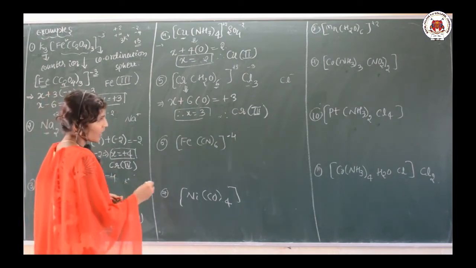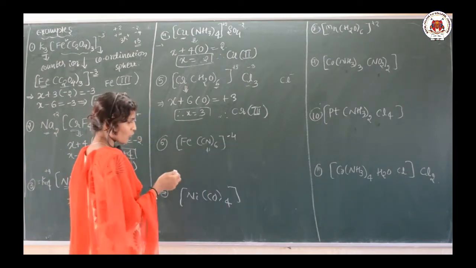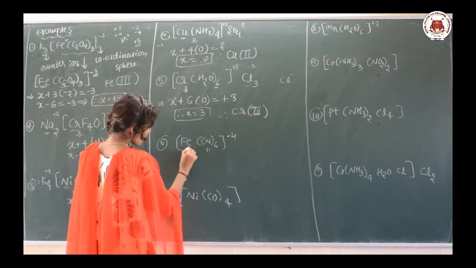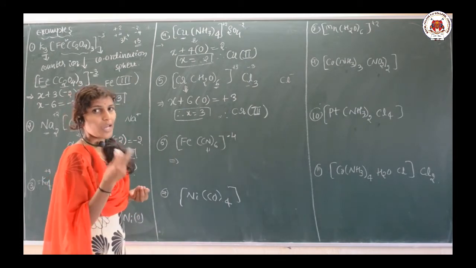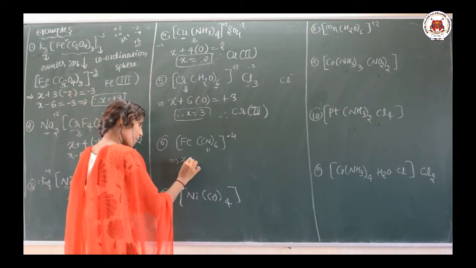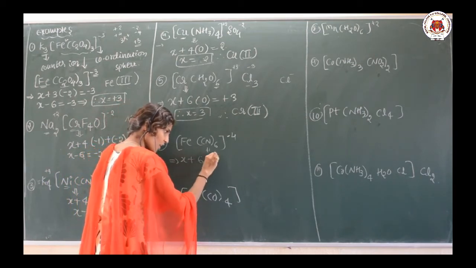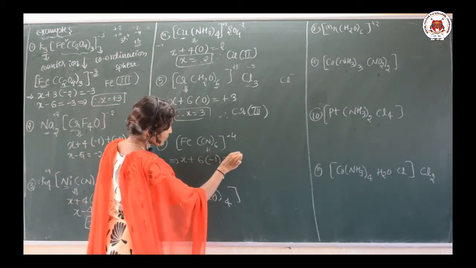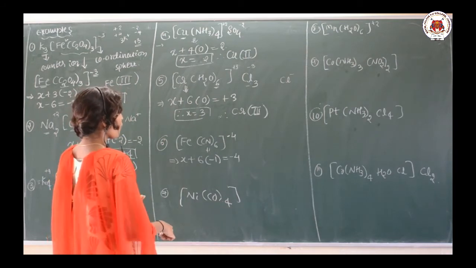Next, here they have directly given the complex ion itself, no counter ion. So Fe is the central metal atom, and that oxidation number we need to find out. I will keep it as X plus 6 CN, each CN donates -1, equivalent to -4.